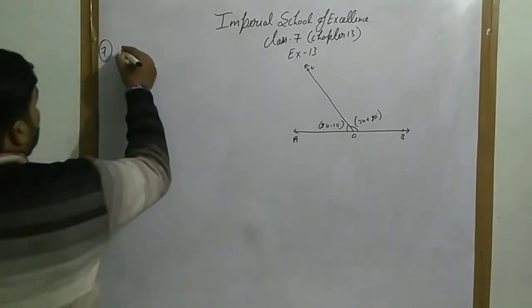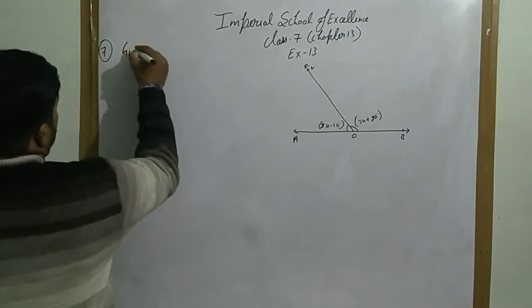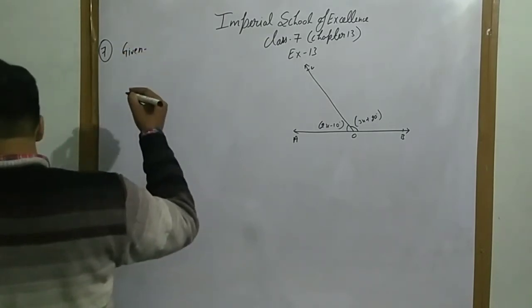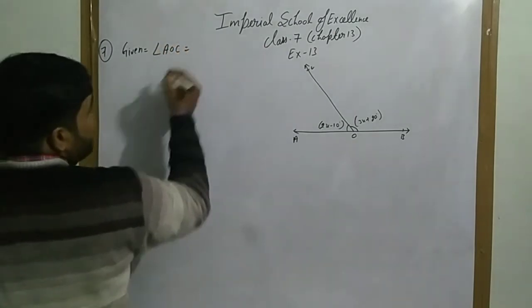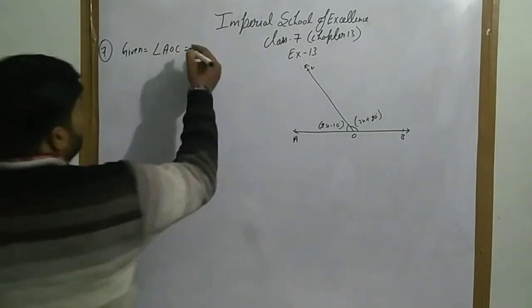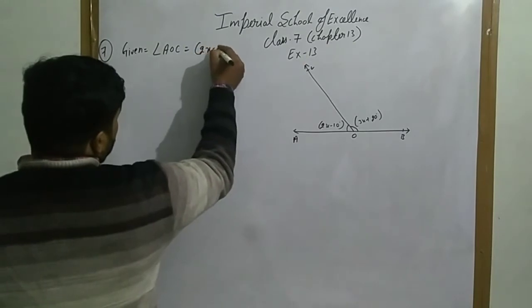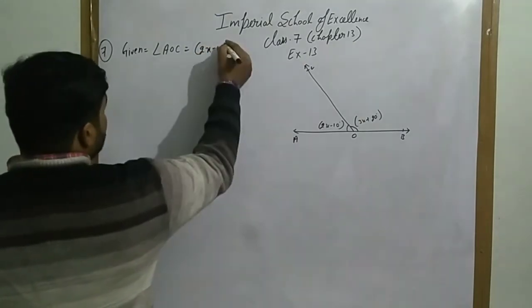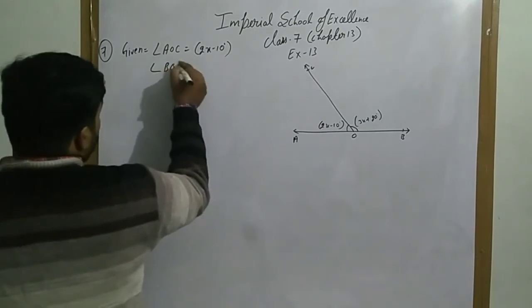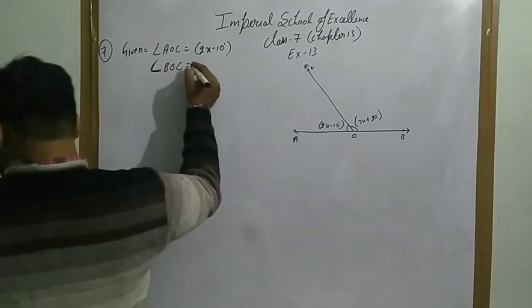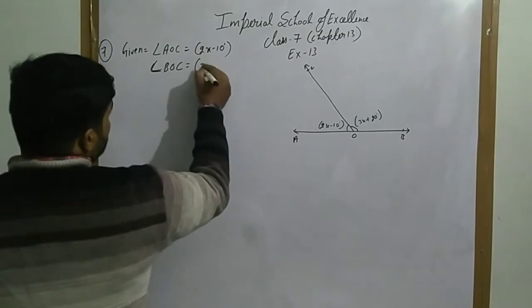First of all, you have to write here given. What is given in the question? Angle AOC equals 2x minus 10, and angle BOC is given as 3x plus 20.